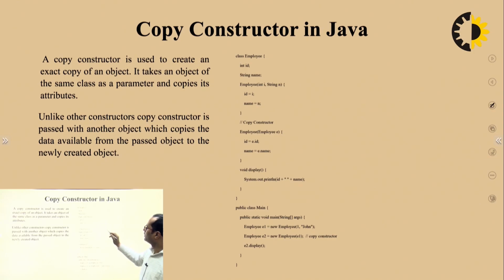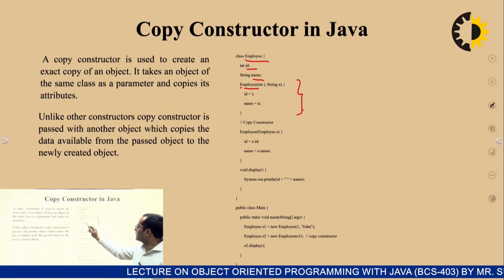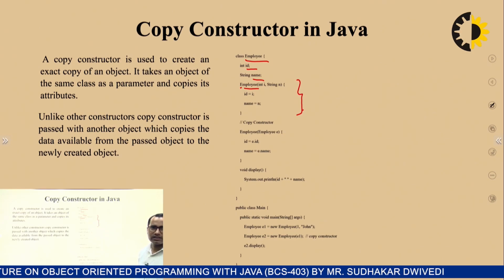So we can see here, this is the class Employee, and it has two values, ID and name. I am defining a constructor. This one is a constructor that receives the values to initialize the ID and name. First we have initialized these values, ID and name, with this parameterized constructor.